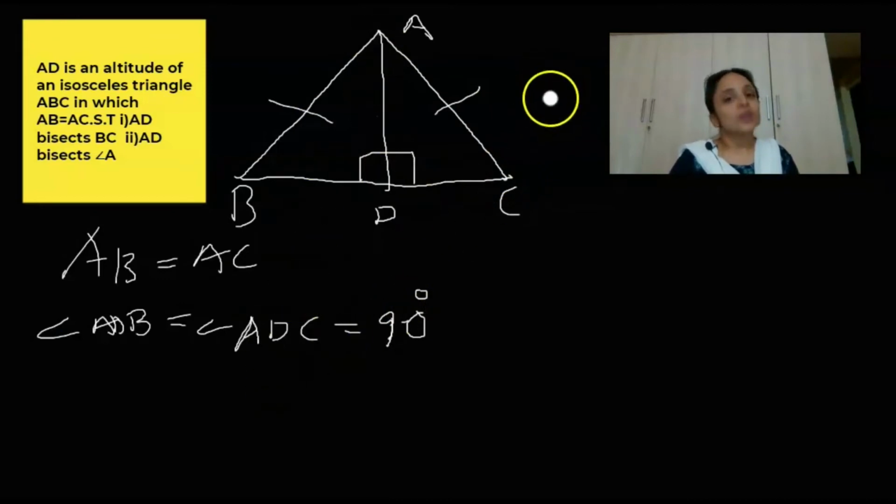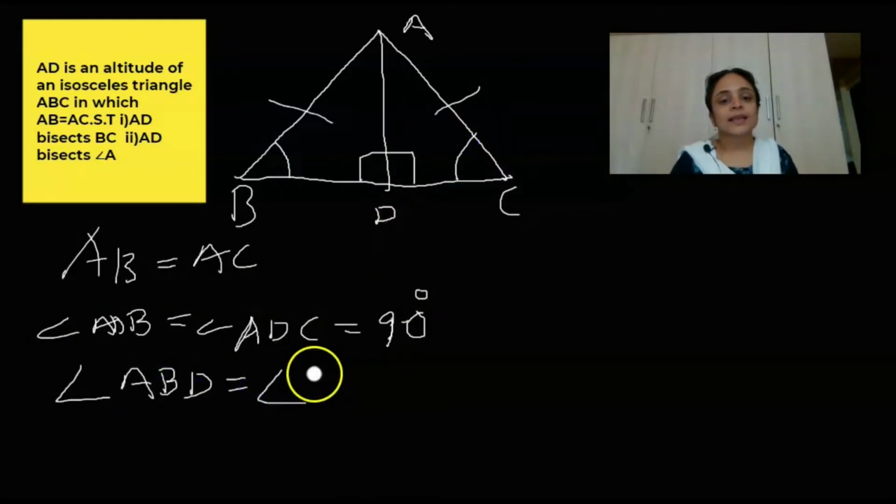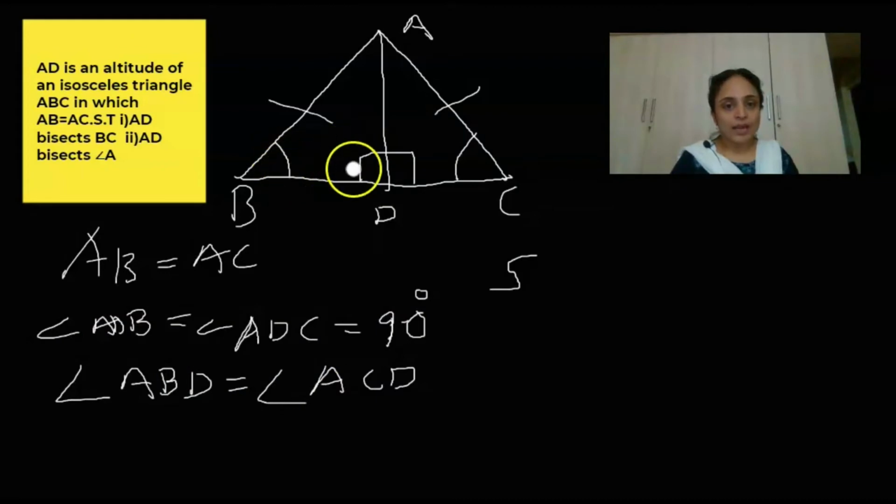And we know that for an isosceles triangle, the angles opposite to equal sides are equal. So angle ABD is equal to angle ACD. So we got two angles and one side which are equal. So this satisfies the AAS congruence rule. And from this we can say that triangle ABD is congruent to triangle ACD.